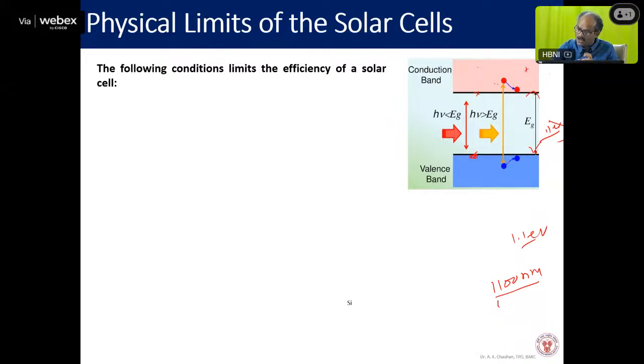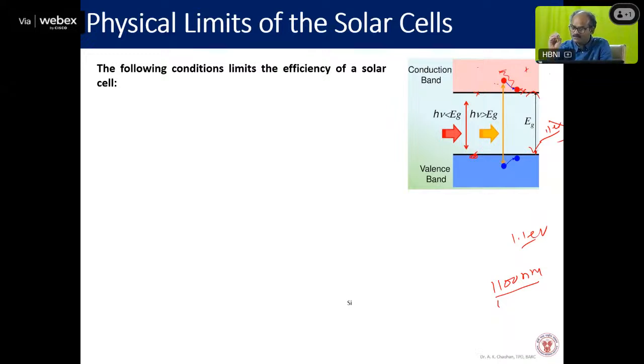If the electron absorbs more energy and reaches here, it loses the extra energy in the form of heat and comes back to this point before it is swept by the built-in potential. Or even if it is moving under the built-in potential, it would prefer to come to the bottom of the conduction band, because that is the minimum possible energy.